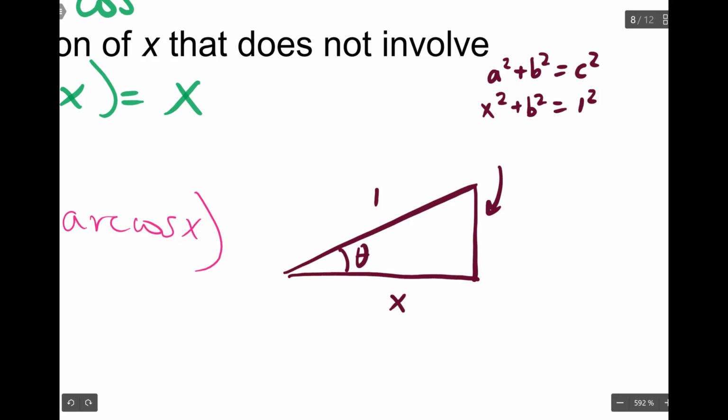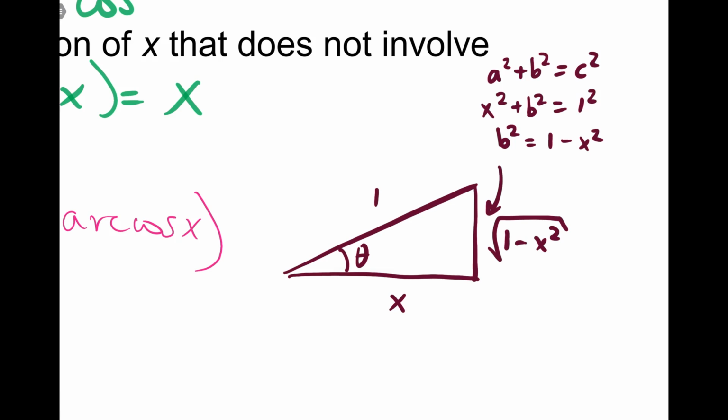Subtract x squared on both sides: b squared equals 1 minus x squared. So this side length b is the square root of 1 minus x squared. Since we're trying to add and subtract these terms, you can't square root them alone. This is not equal to 1 minus x, it's 1 minus x squared. So that's how we filled out the triangle.